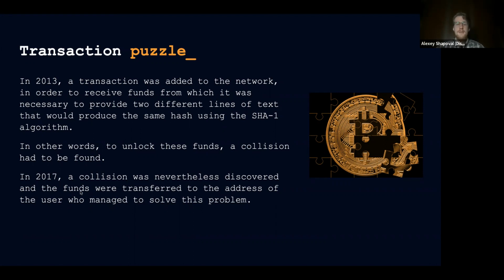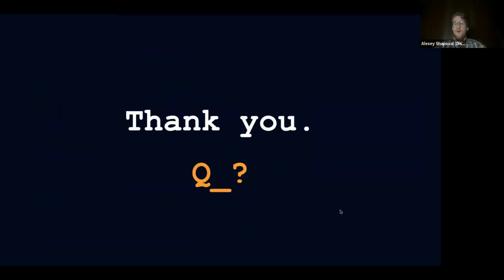This person unlocked the puzzle and transferred the coins to their address. So pretty interesting, and there are different puzzles, even ones you can create yourself if you want to. So this is it for the main material of this lecture, and now let's move to the questions.